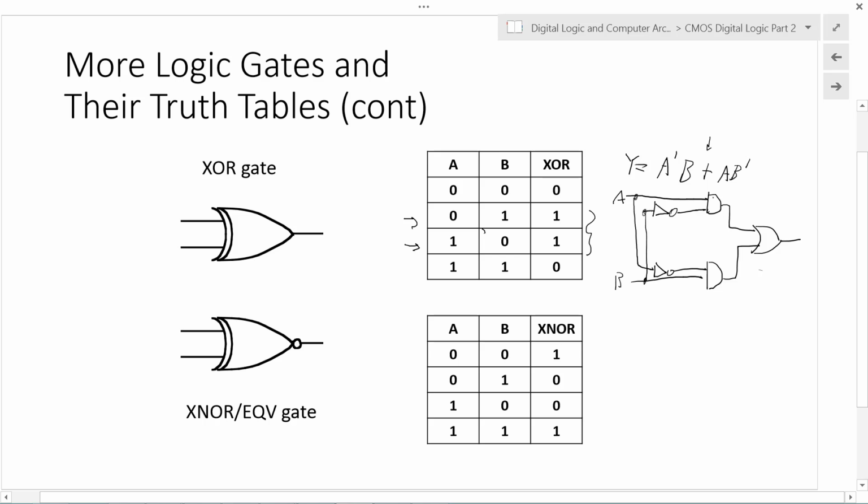And we have an implementation for an exclusive OR gate. For the exclusive NOR gate, it's very similar. You can just place an inverter here on the front and invert the output.